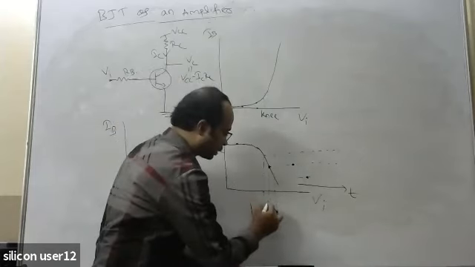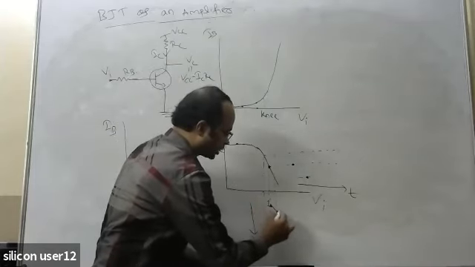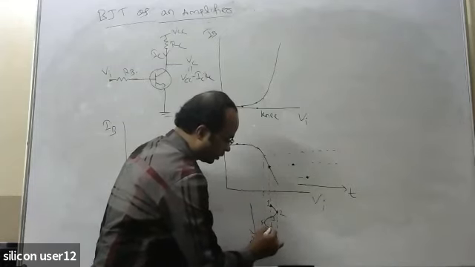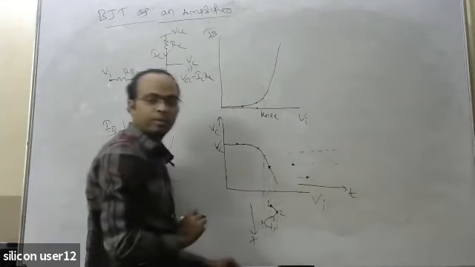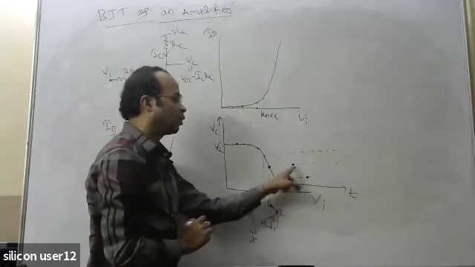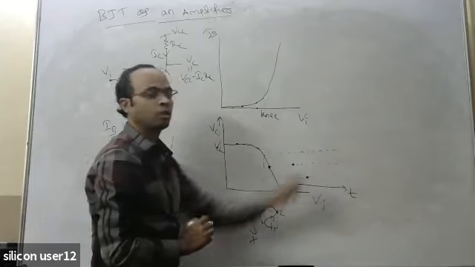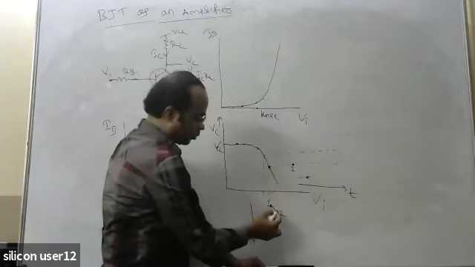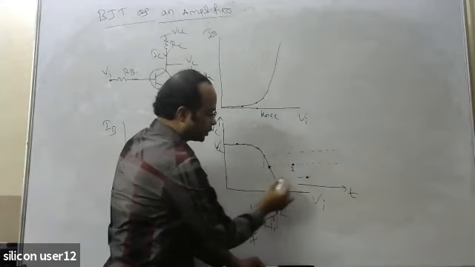So let us say this is 0.1, this is 0.2, this is 0.3, this is 0.4, and this is 0.5. Okay, so for these points 1, 2, 3, 4, 5, what is the corresponding value in the output curve? For 1, this is 1. For 2, the corresponding position is here, 2.